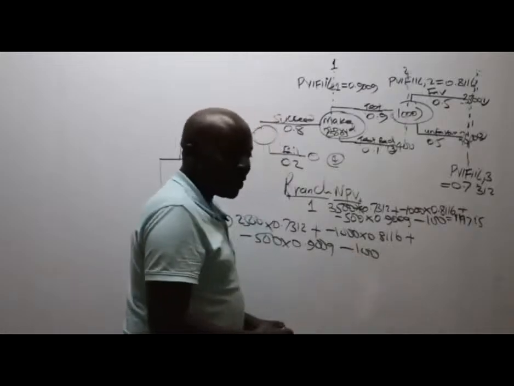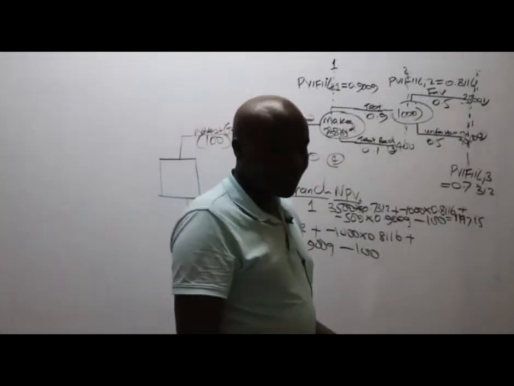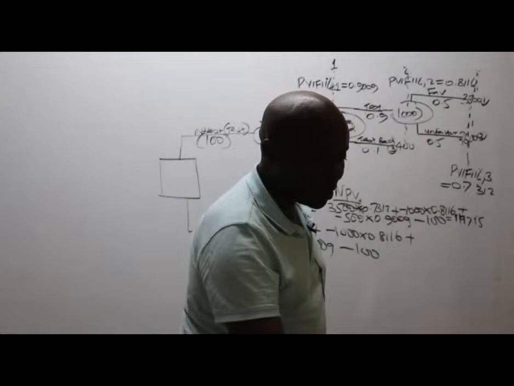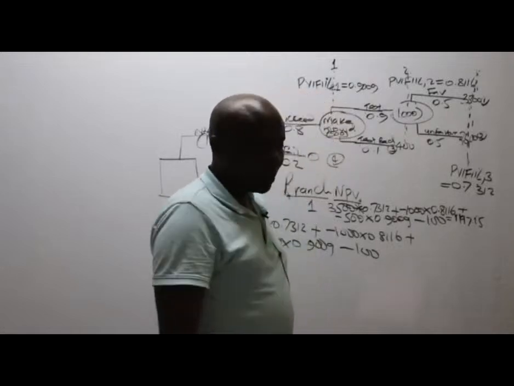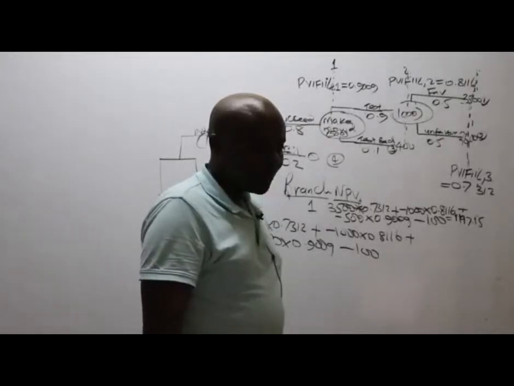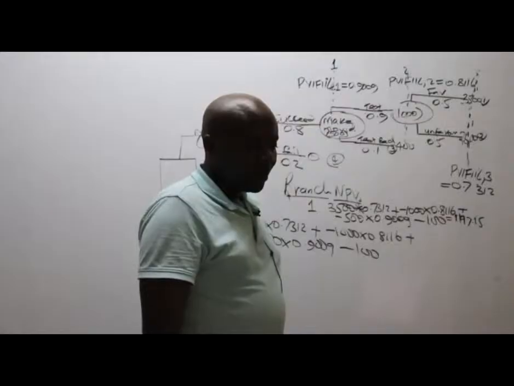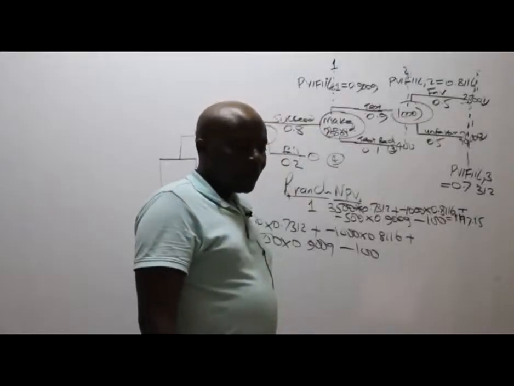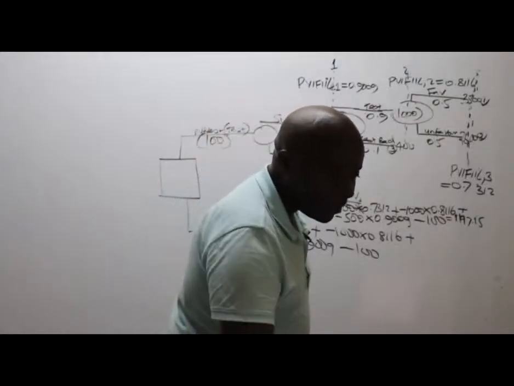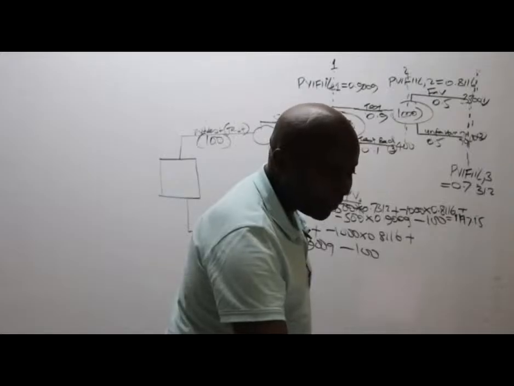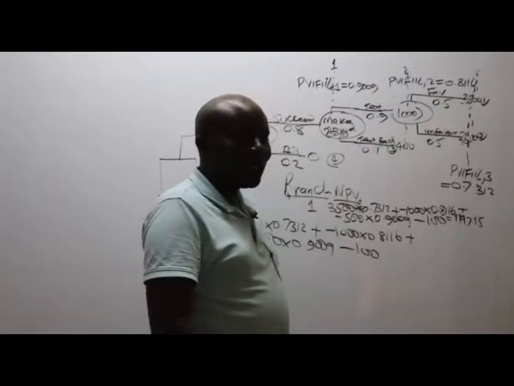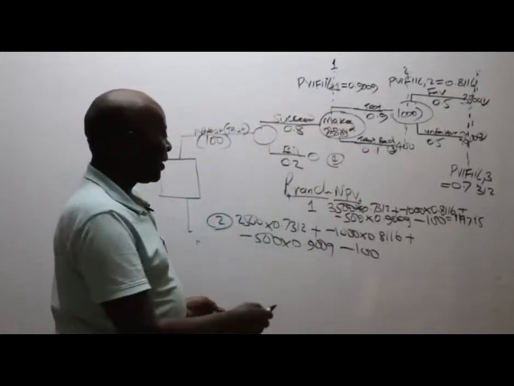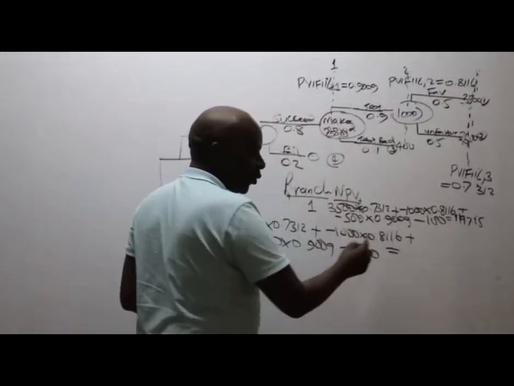So minus 100 is today's cash flow. We don't discount this. So what are we getting here, somebody, for branch number 2?